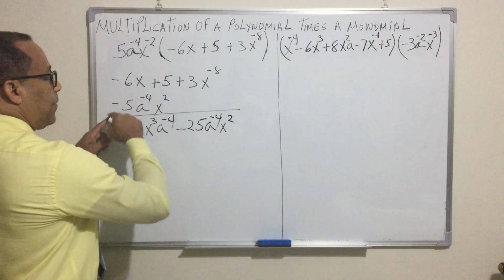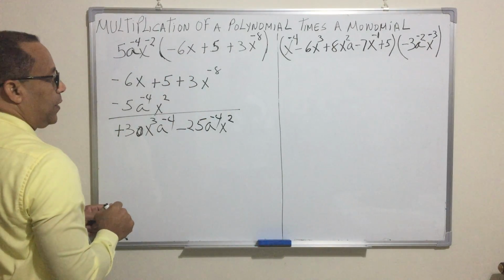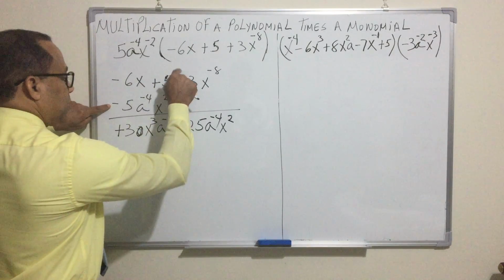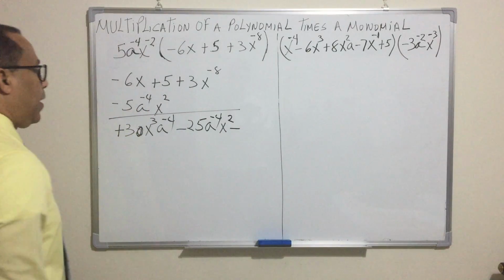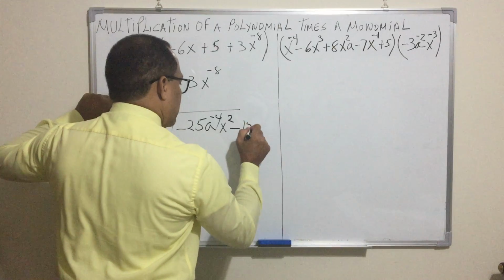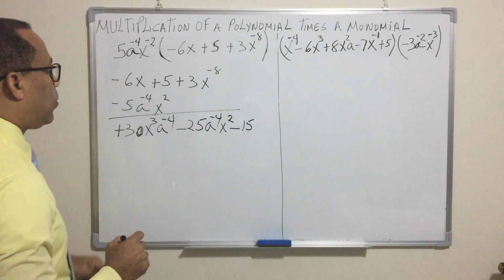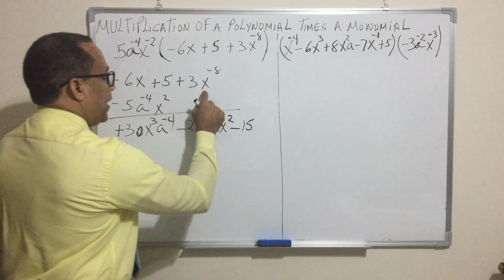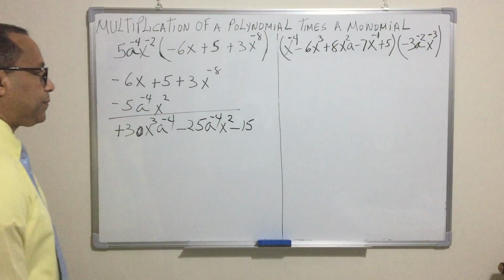Multiplying the monomial times the third term. Multiply the signs. Negative times positive equals negative. Multiply the coefficients. 5 times 3 equals 15. And then multiply a to the negative 4, x to the second times x to the negative 8.